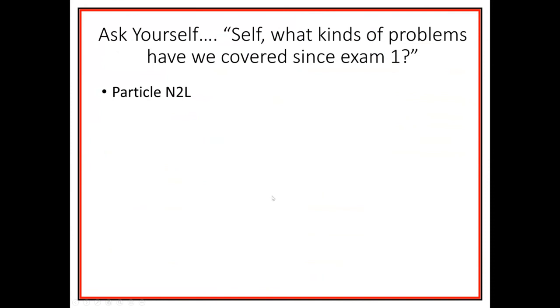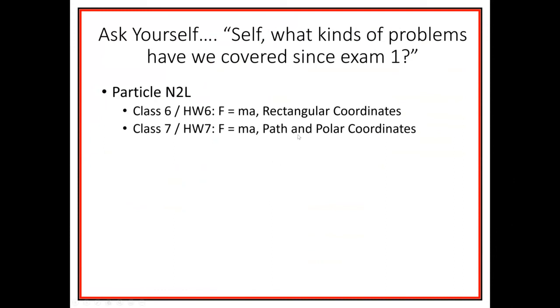So what have we covered? Particles, Newton's second law, where we had class 6 and homework 6, F equals ma in rectangular coordinates. In class 7, homework 7 was F equals ma in path and polar coordinates.